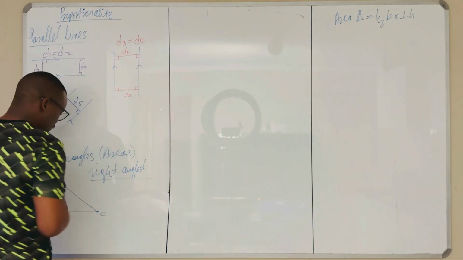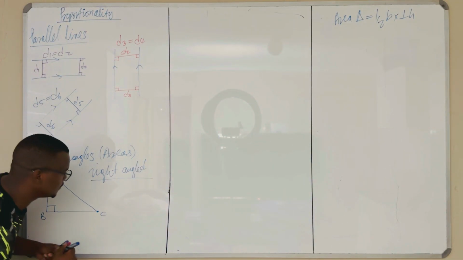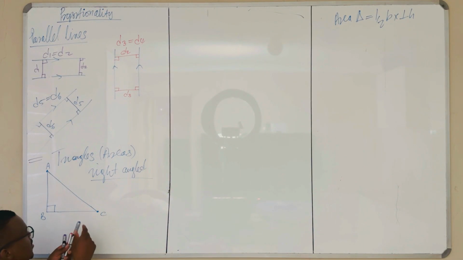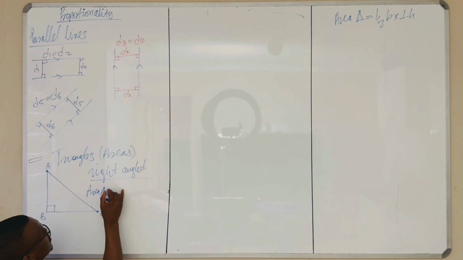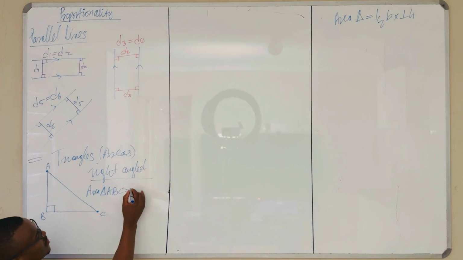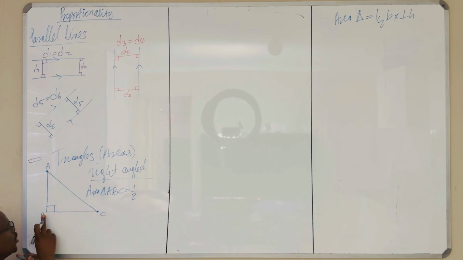Okay. So in that case, let's try to find the area of this triangle. So I'll say area of triangle ABC. So it's half base, right? Yes. It's going to be half of your base. What is your base? You say your base is BC, right?